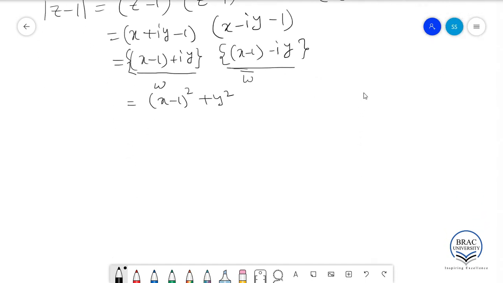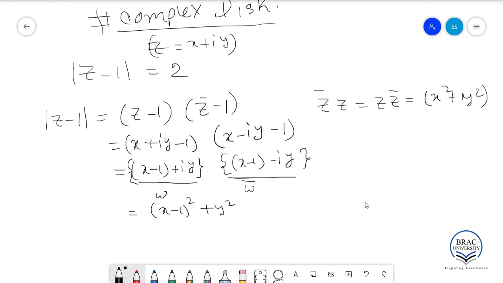So let's label this equation. Let's say this is equation 1 and this is equation 2. You can see that this is actually modulus squared, right? So to take the real modulus, that is z minus 1 modulus, we have to square root it. So you have to put square roots over here, this whole thing.